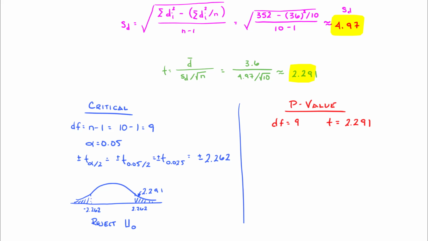And then when we look up at the top of the table, we see that it is somewhere between 0.02 and 0.05. And our significance level, in this case, happens to be 0.05. So we can see that P is less than 0.05. Therefore, we reject the null hypothesis.